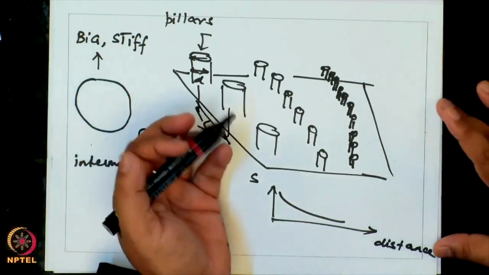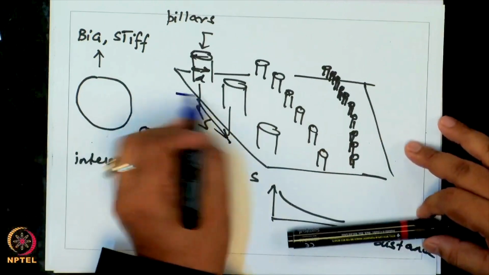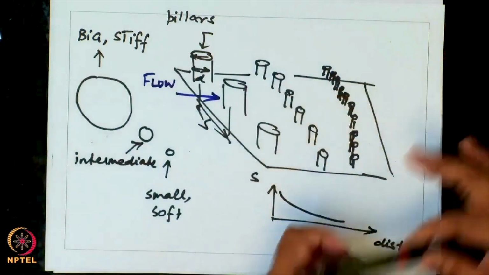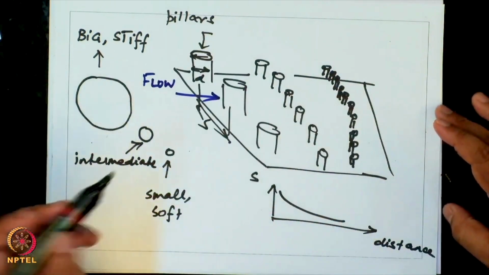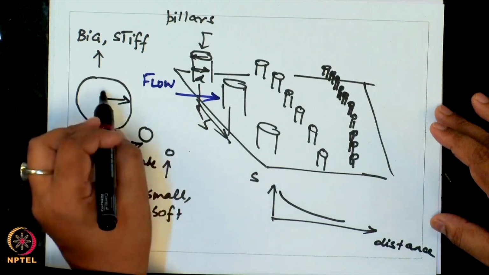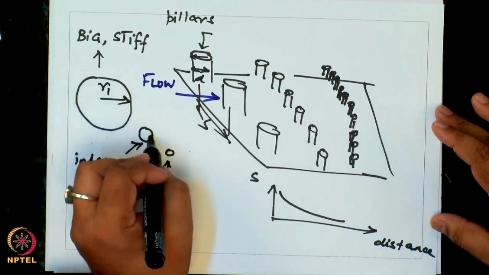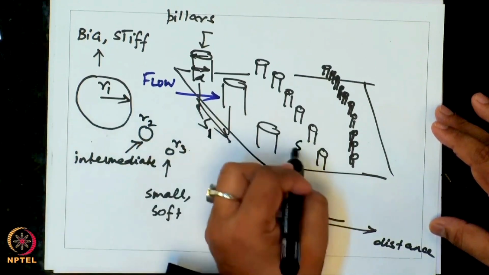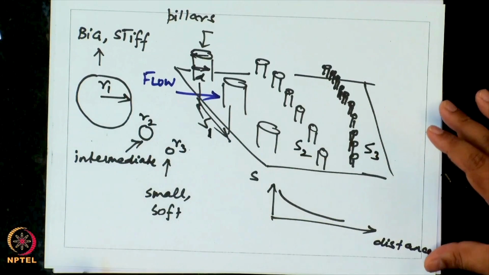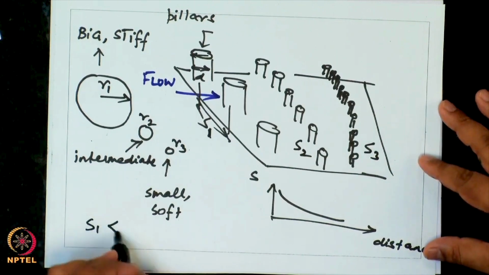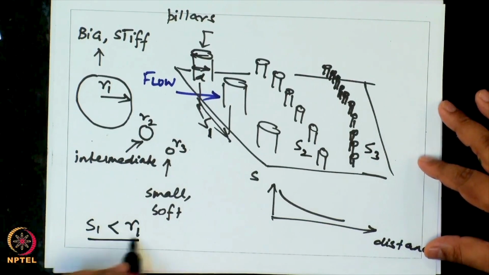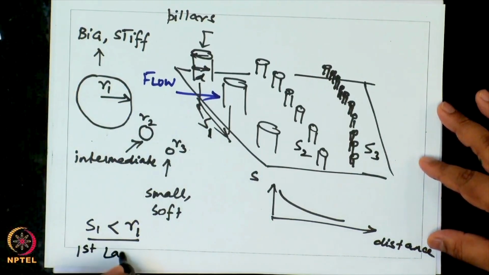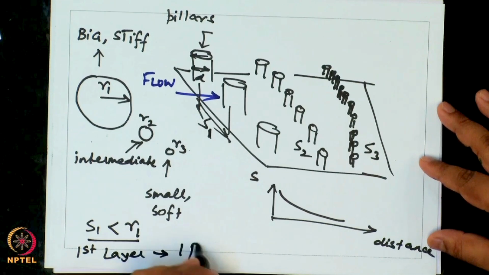Okay. So, you can use these devices where you flow them horizontally through these devices. So, you would appreciate that if this size, so let us say these radii are R1, R2 and R3, so you have 3 layers. If S1 is less than R1, and this cell is stiff, then in the first layer one population will get captured.